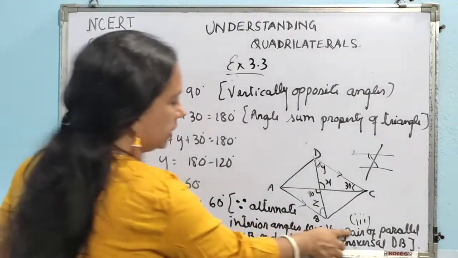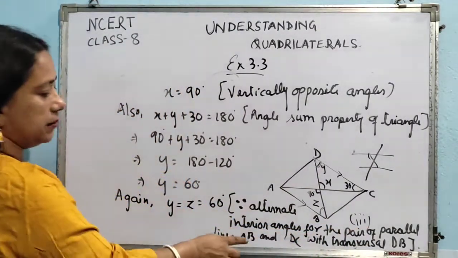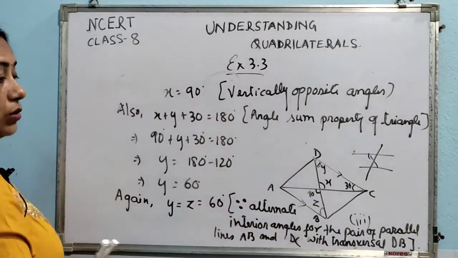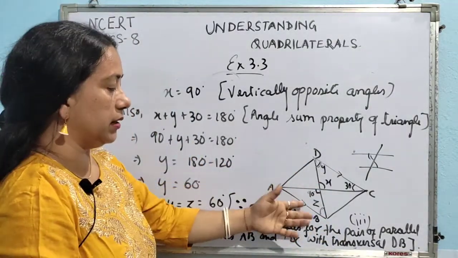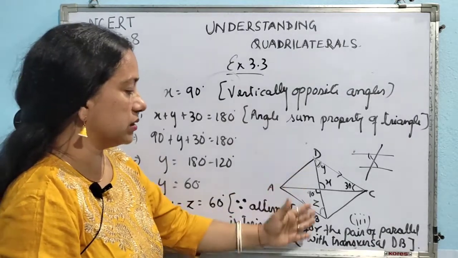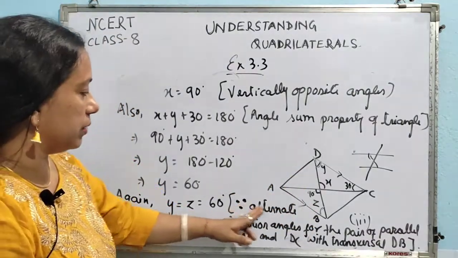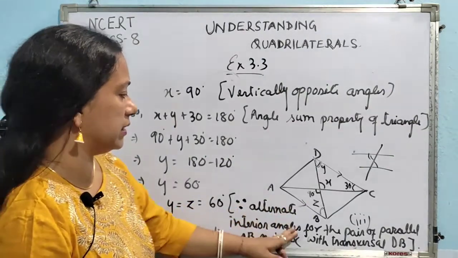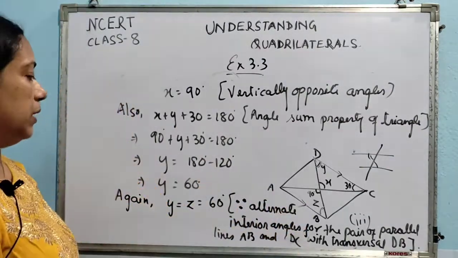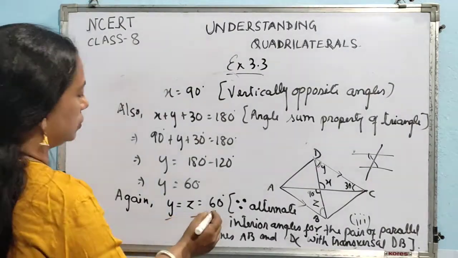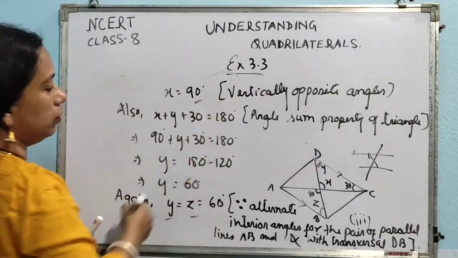I have included this line for the pair of parallel lines AB and DC with transversal BD, so that you can remember, okay, so that you can understand how this can be alternate interior angles, okay. If you just write up to this one, since alternate interior angles, this much is going to be okay. So we got the values of y, we got the values of z, and we got the value of x.